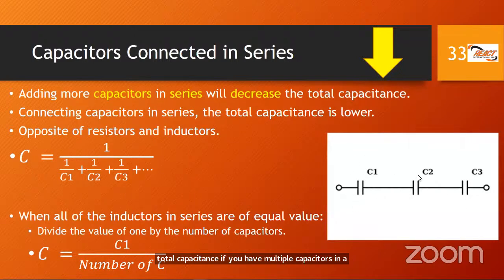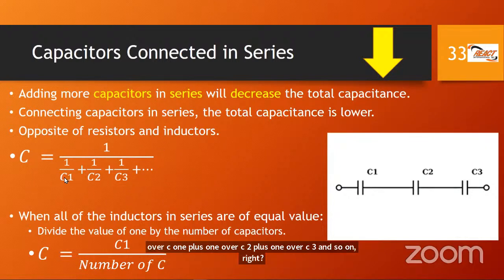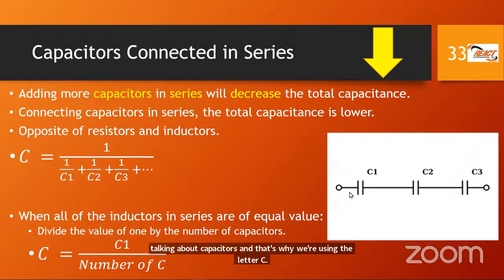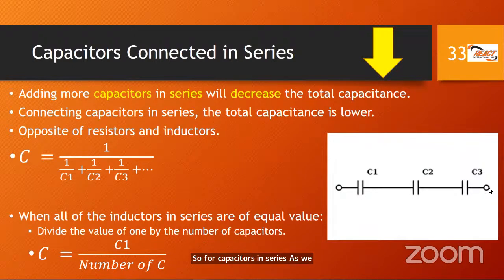We did say it will decrease when you add these up and they're in series. This is the formula of how you add them up. You have to use this reciprocal formula, 1 over C1 plus 1 over C2 plus 1 over C3 and so on. This should become a bit familiar now because we've used this type of formula before, except we're now talking about capacitors, and that's why we're using the letter C. So for capacitors in series, as we add more capacitors into the circuit, the total capacitance actually decreases.